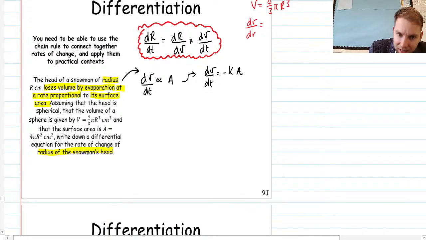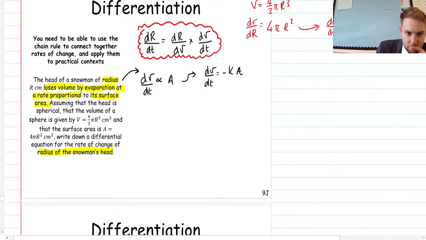So dv by dr is equal to 4 pi r squared, which is actually the surface area. We're not going to talk about that now. So we know what dv by dr is, but we want dr by dv. So dr by dv is equal to 1 over 4 pi r squared.